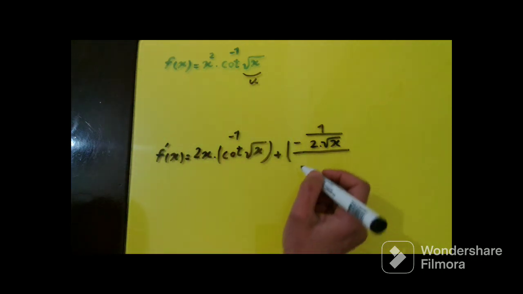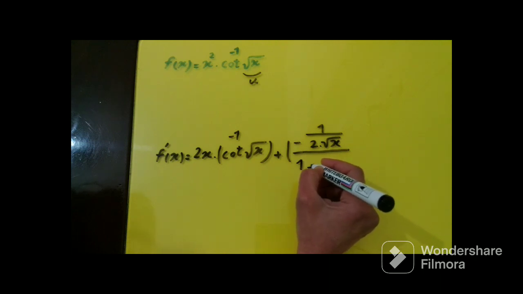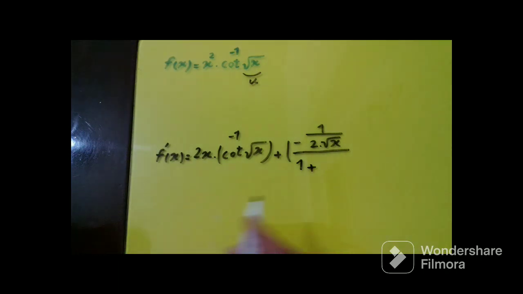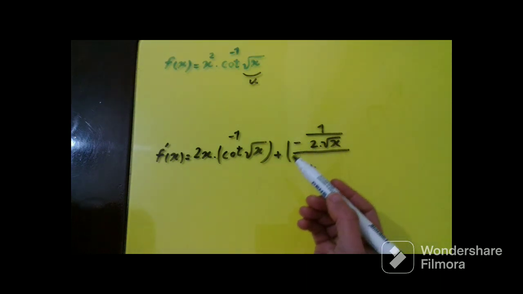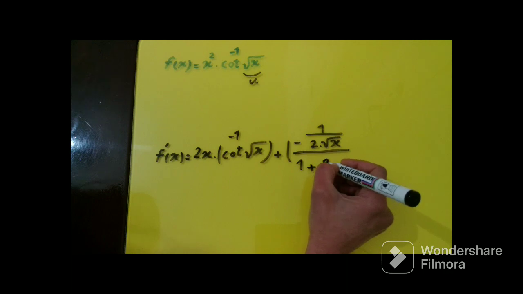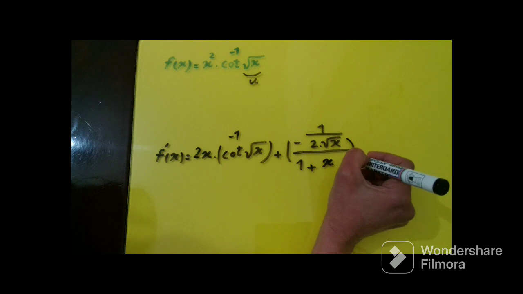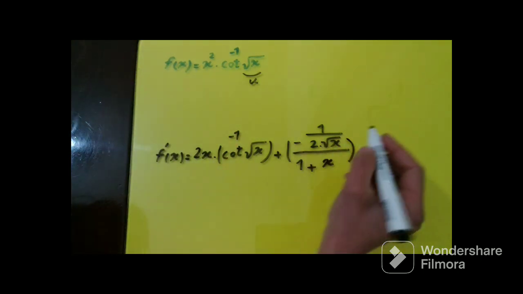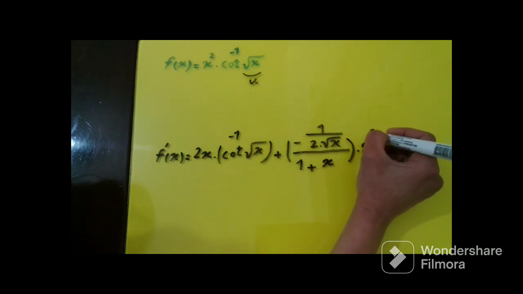Now, you should write 1 plus u squared. As u is square root of x, then raised to the 2 in the end, it's just x. Times this term. Times x squared.